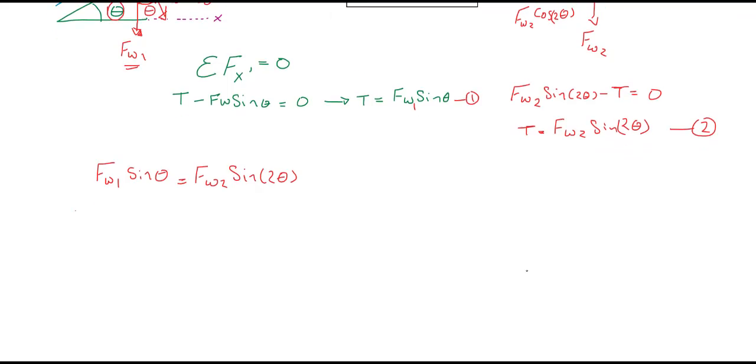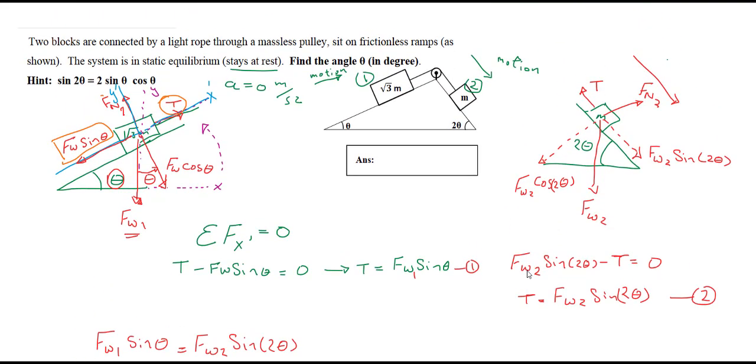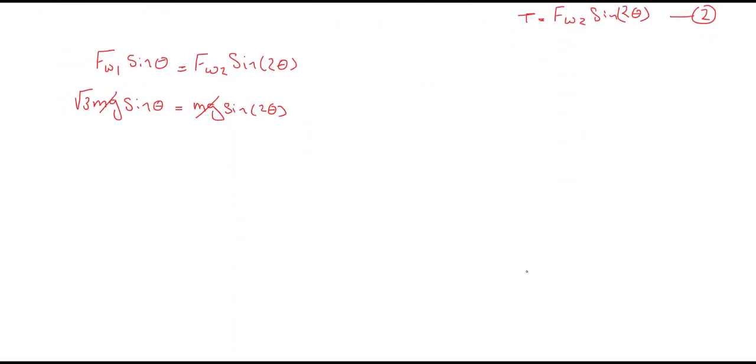FW1 is 3mg sine theta, and this is going to be mg sine 2 theta. This will cancel with this, and we have an information here. It says sine 2 theta equals 2 sine theta cos theta.